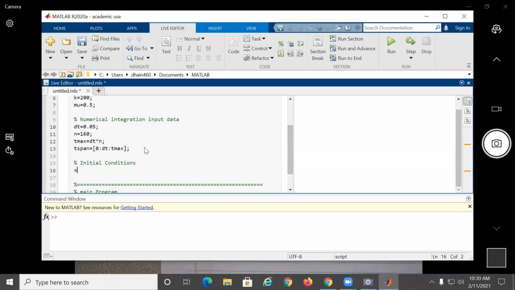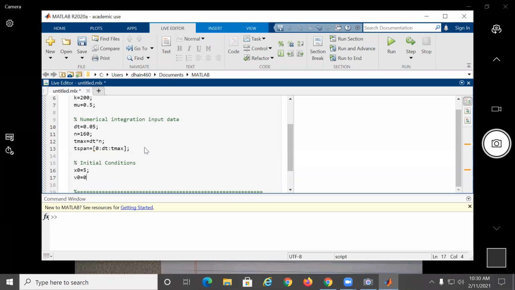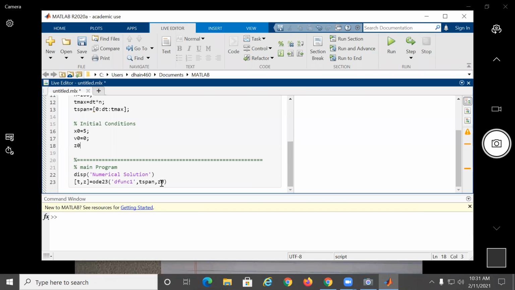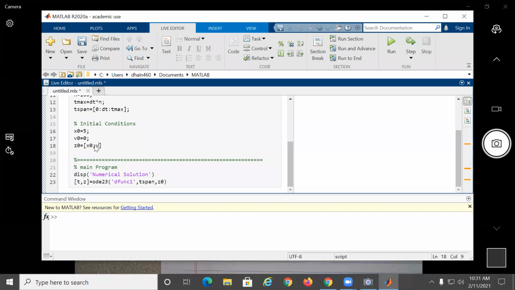We know that x naught is equal to 5, and we know that v naught, which is x dot, is equal to 0. So that means our initial condition Z0 is equal to a vector of x naught, v naught.